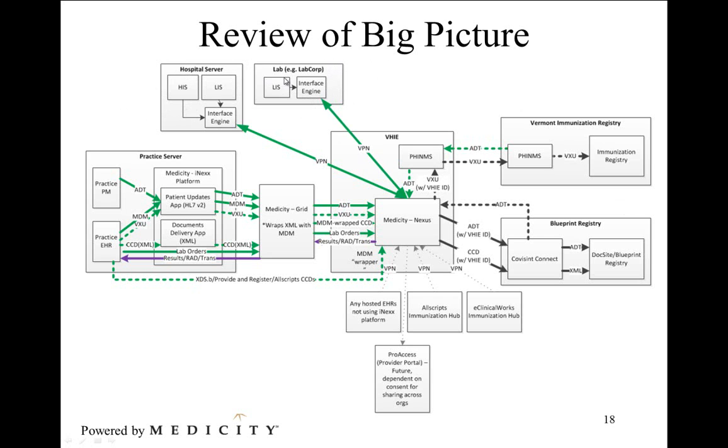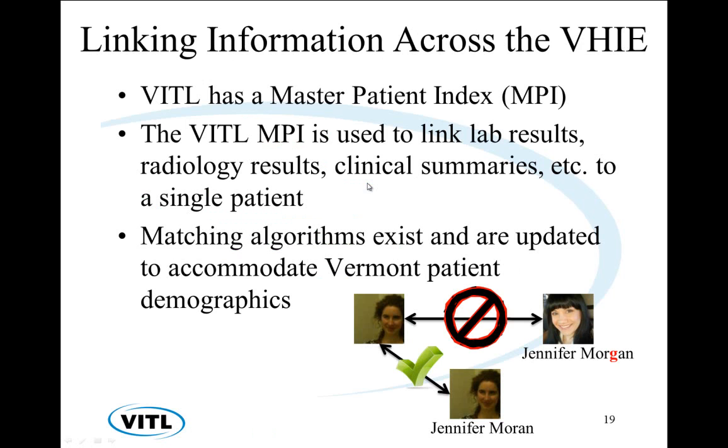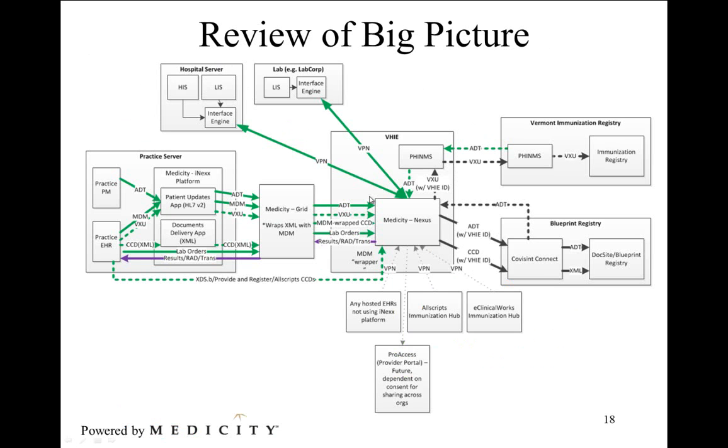Hospitals, commercial labs, and practices are sending data to the VHIE, so they're providing data. The second type, the receivers, is the purple line going from the VHIE back to the practice, where the practice is receiving data. And then we have the registry connection. With the VHIE, we have the immunization registry and the Blueprint registry.